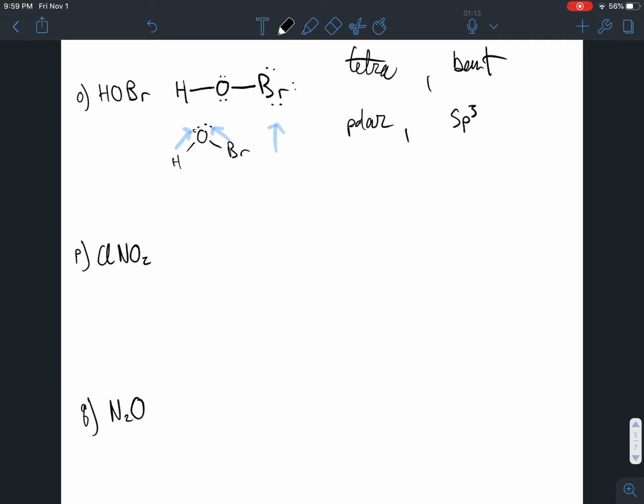Okay, ClNO2. Let's just say I don't know what the central atom is again. Let's just throw out Cl. I'm saying Cl is the central atom. Now I'm going to see if it makes a sensible portrait. Nitrogen has 5 electrons.